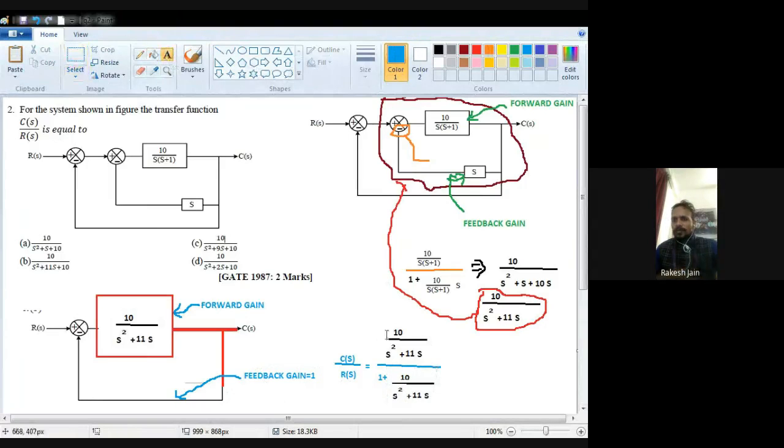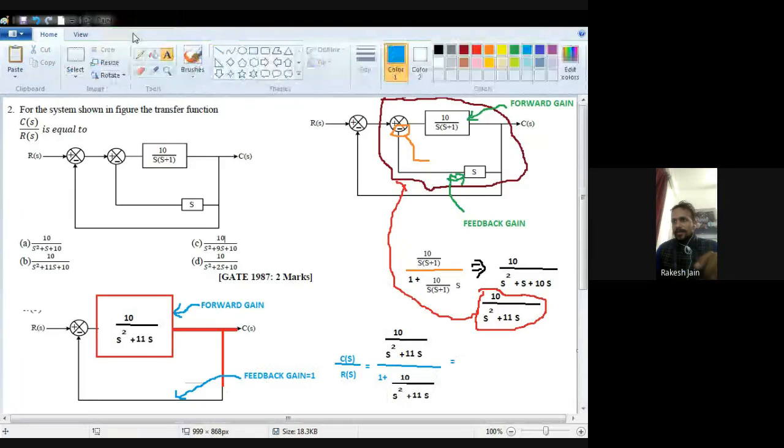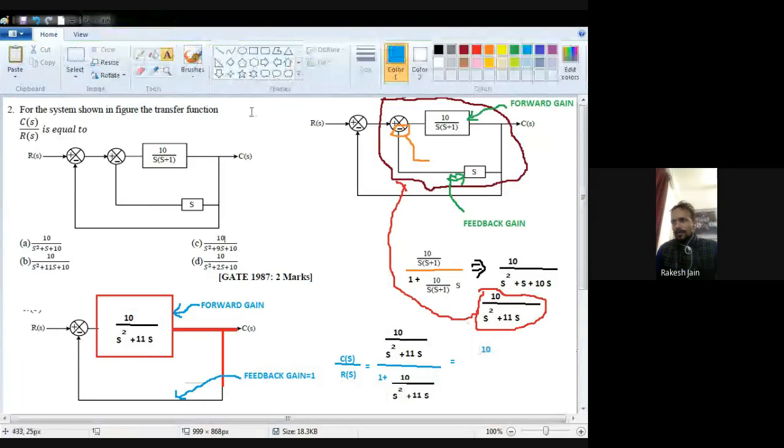So what will be your final answer? When I take s square plus 11s as the LCM from the LHS side, then I will find 10 upon s square plus 11s plus 10. That will be my answer.